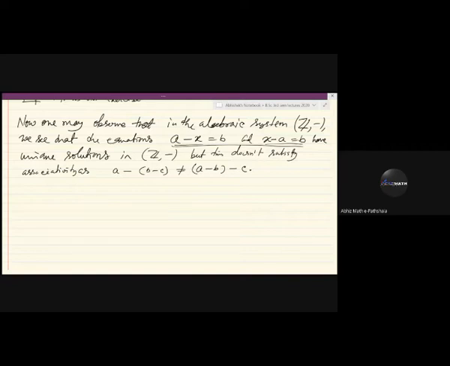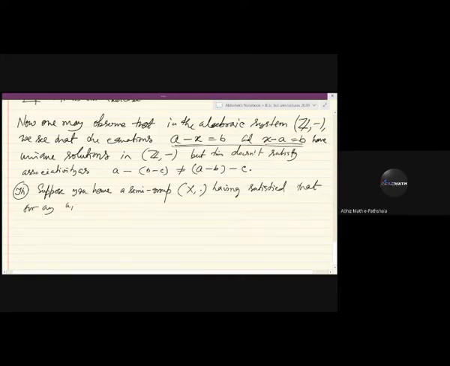That is interesting. The theorem is, suppose you have a semigroup (X, dot) satisfying that for any a, b belonging to X, the equations ax equal to b and xa equal to b have solutions in (X, dot).